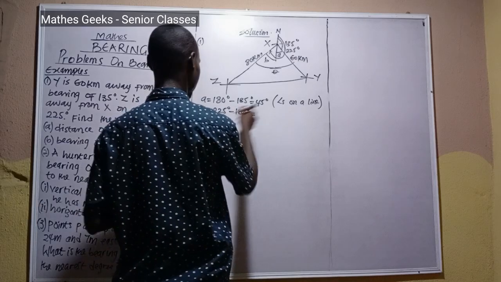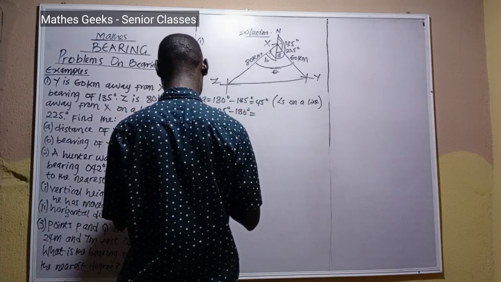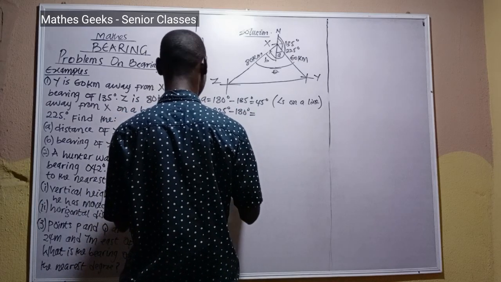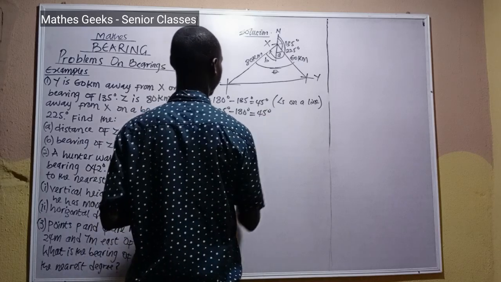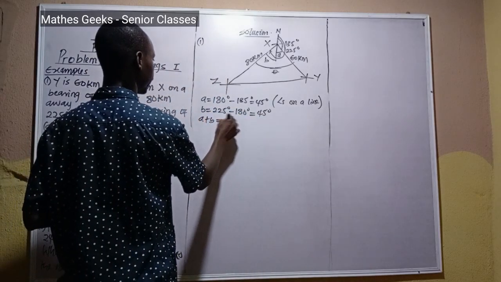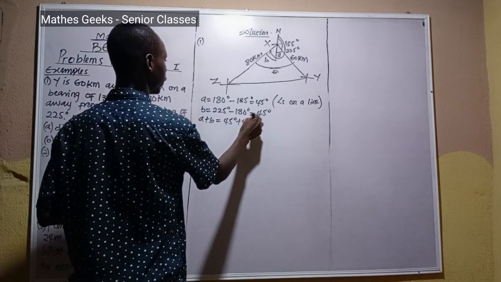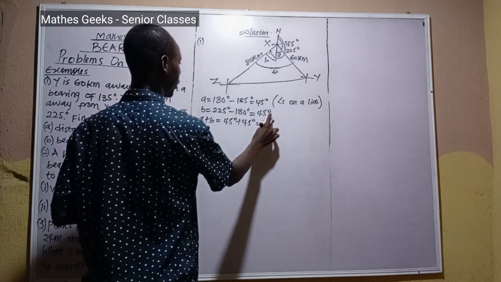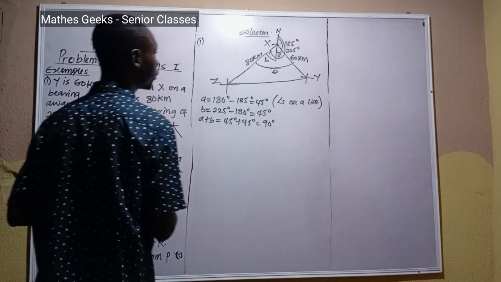So 225 minus 180 gives us 45 degrees. So A plus B is equal to 45 degrees plus 45 degrees, and that's equal to 90 degrees.